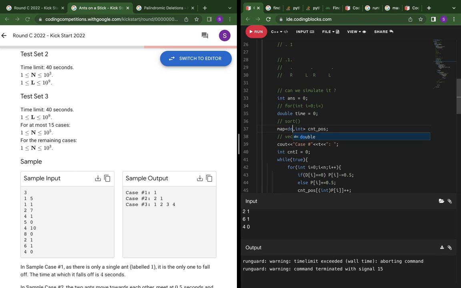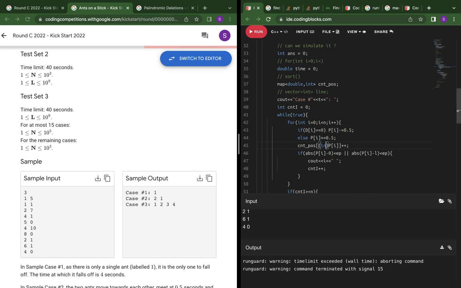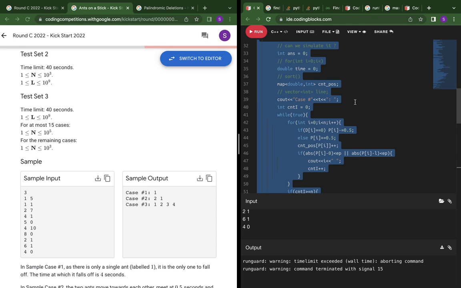Can we do a double here? Can we please? Compilation error doesn't show me what is the error.